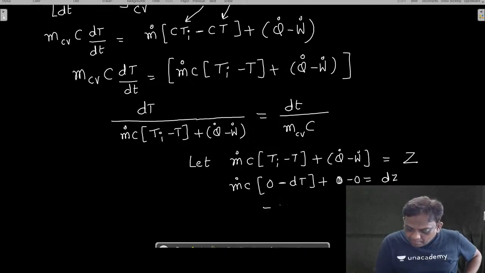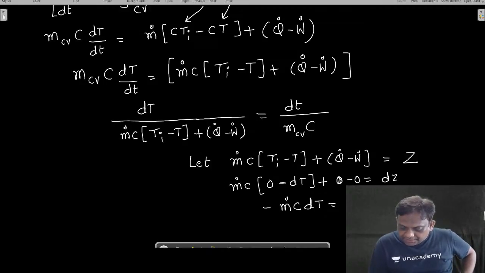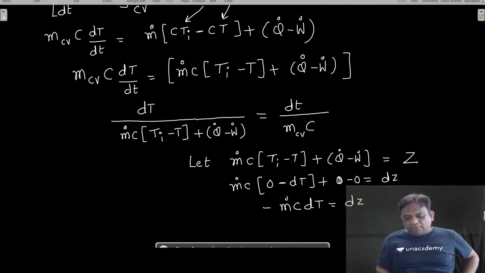So therefore minus m dot c dT is equal to dZ. Wonderful, my dear students.